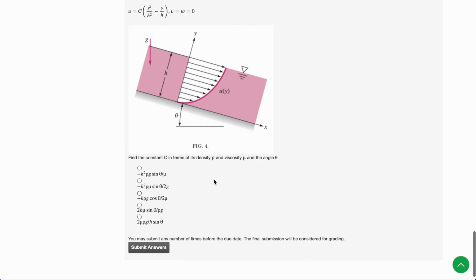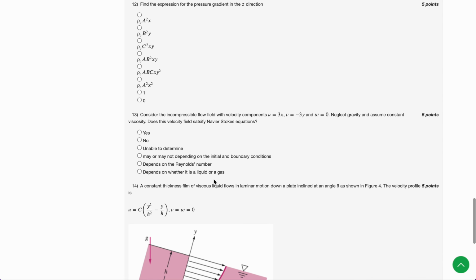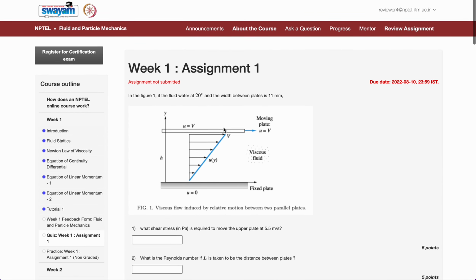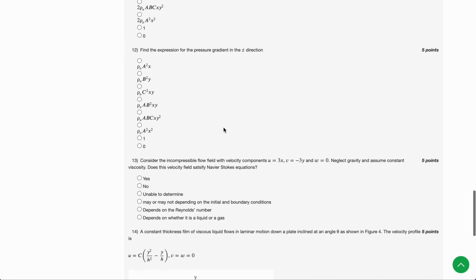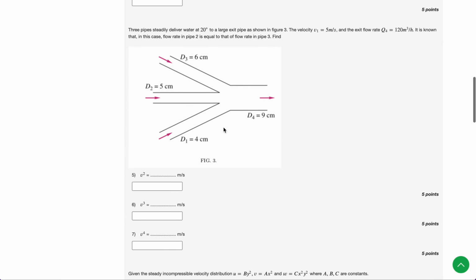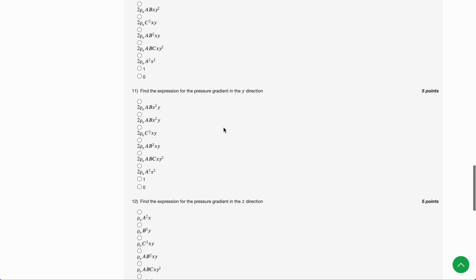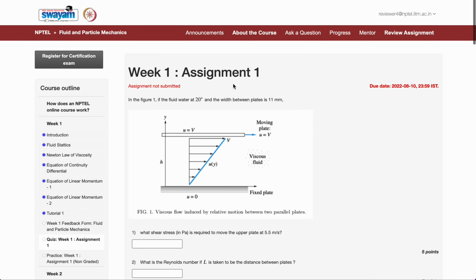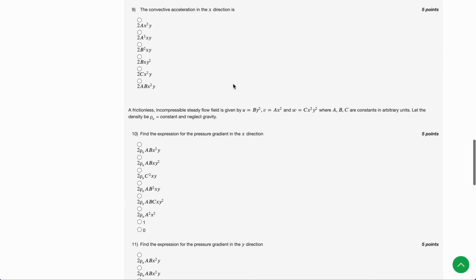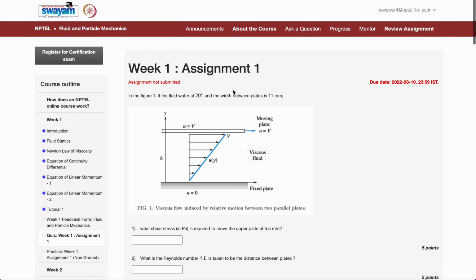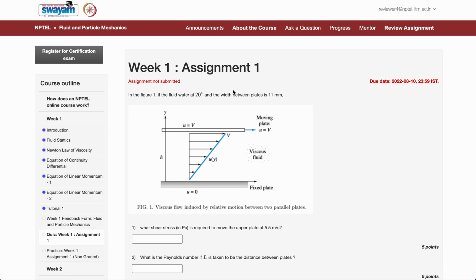So the week 1 assignment you already did, right? All of you. I hope once you submit the assignment, then only I can discuss the solution. Now also I can discuss if you have some doubt. Or else I can directly go to the derivation for the pipe flow, like deriving the velocity profile for pipe flow.